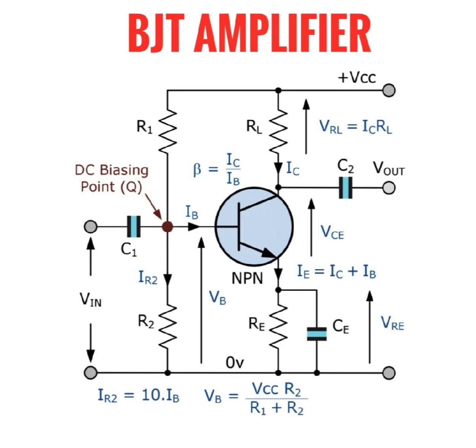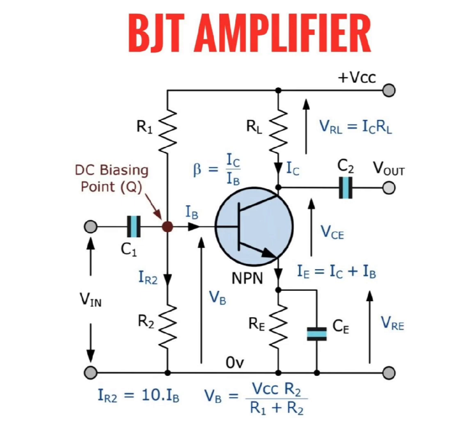Bias means applying a fixed DC voltage and current to the transistor before the AC signal enters, so that the transistor operates in the correct working region. Simple definition: bias means preparing the transistor for amplification.